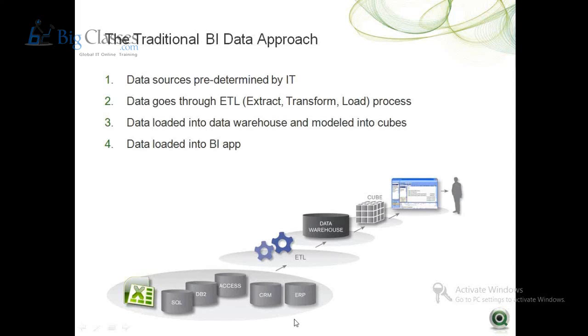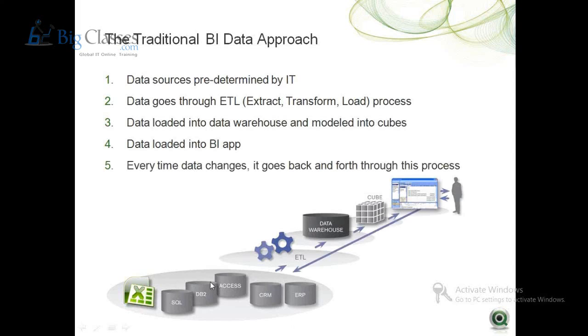Suppose there is any change, again you have to come back to the data, the ETL process has to be run, and it has to be loaded into the data warehouse again. It's a very big process, whereas QlikView is kind of agile, and here it takes more time to do all these activities. So this is one main difference between traditional BI and QlikView.